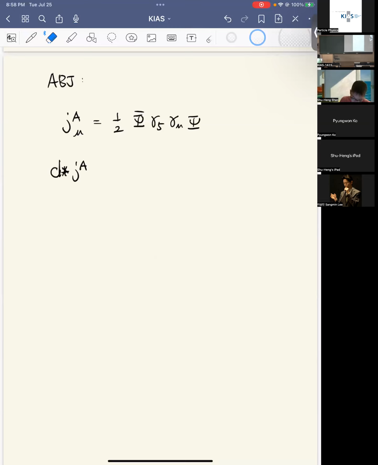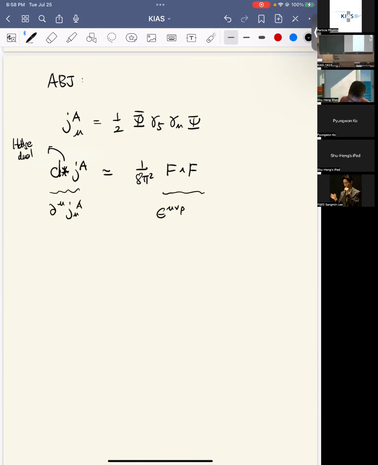I treat J_A as a one-form, and d star here is the Hodge dual. So d star J_A is just a fancy way of writing ∂_μ J^μ_A. What ABJ taught us is that d star J_A is 1 over 4π² F wedge F. In components, this means epsilon^{μνρσ} F_{μν} F_{ρσ}, up to some coefficient.